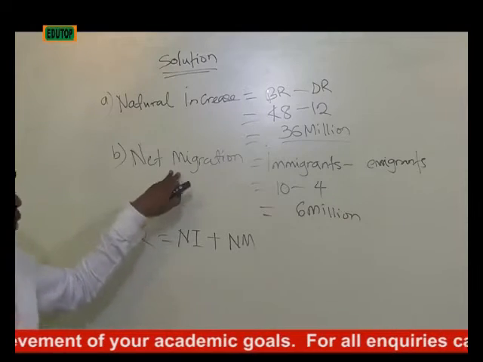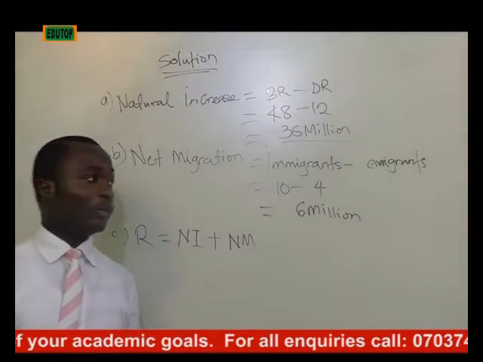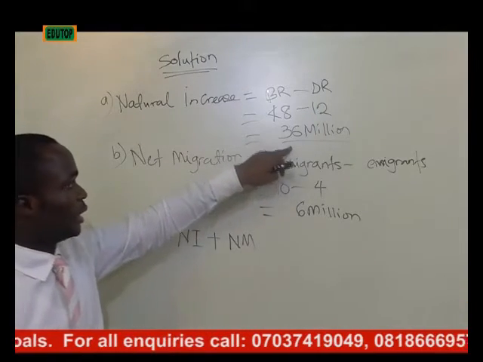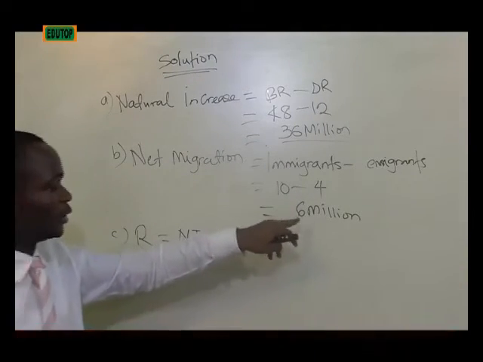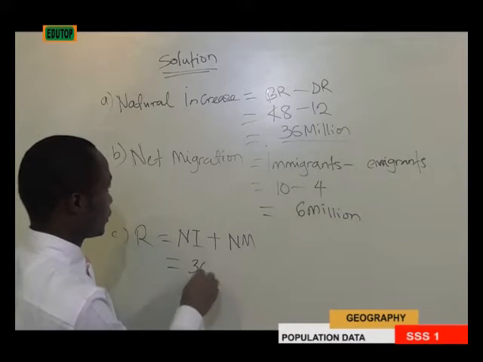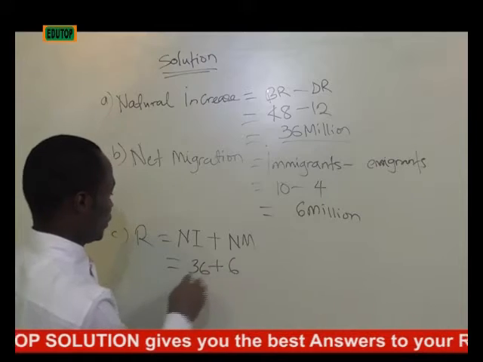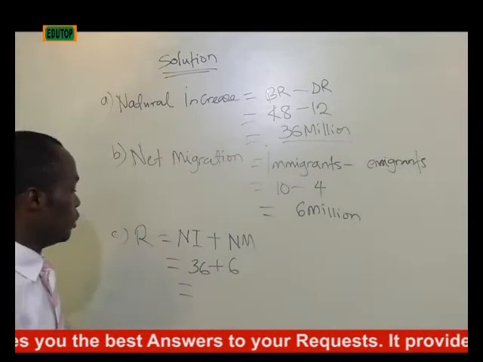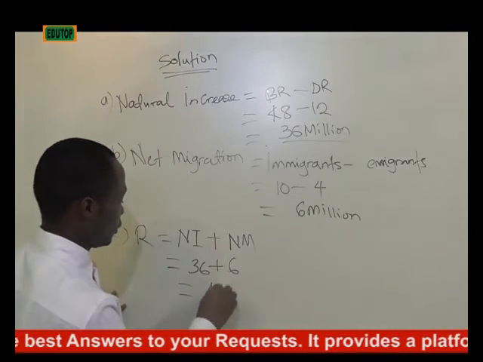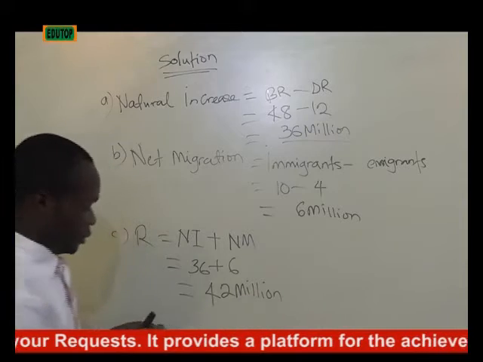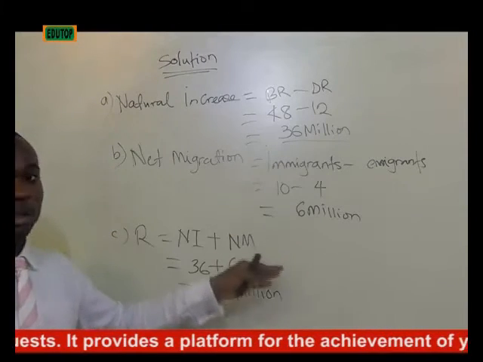This is the net migration. So if you add the natural increase, which is 36 million, and the net migration, which is 6 million, 36 plus 6 million, you have 42 million. Remember, everything is in million.